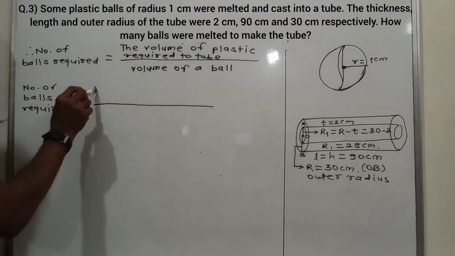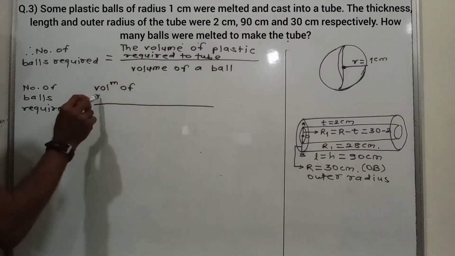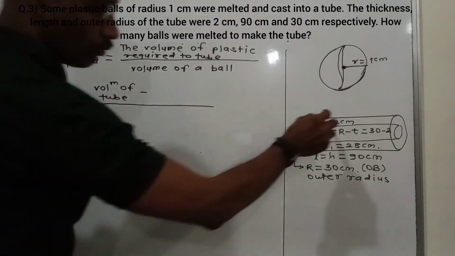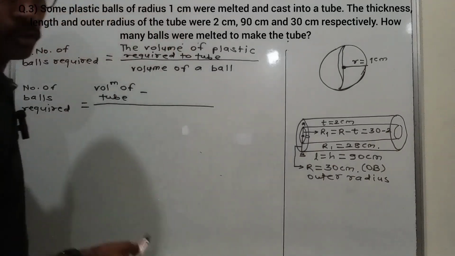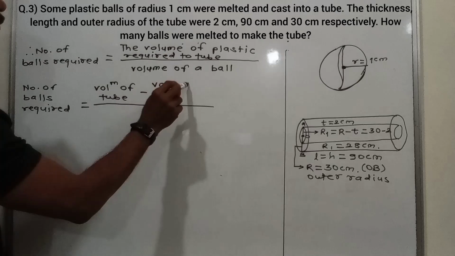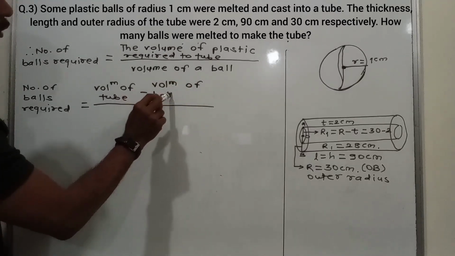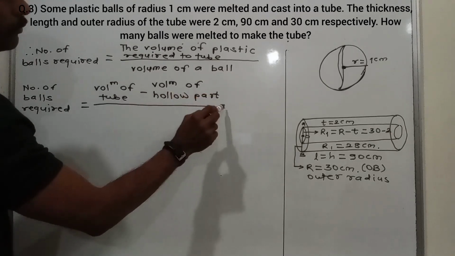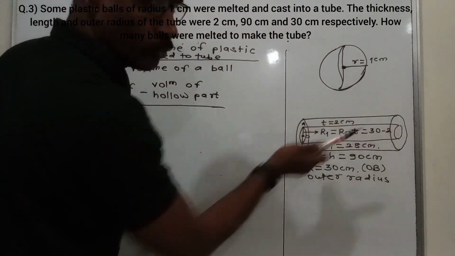See this, volume of tube minus volume of the hollow part, or inner part, of the tube. Did you get it? Now this is hollow.